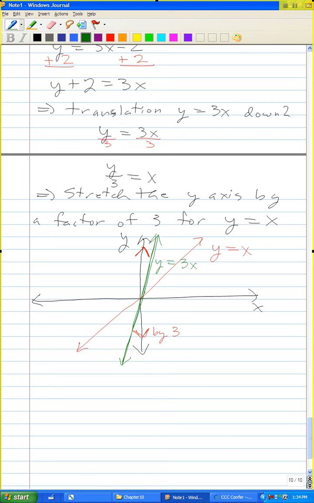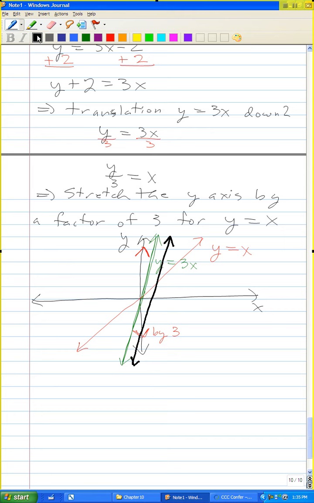Now, let's translate this going down 2 units. Maybe I'll make this into a slightly bigger point. So now I'll go down 2 units. There. So now you can definitely see it's much thicker.